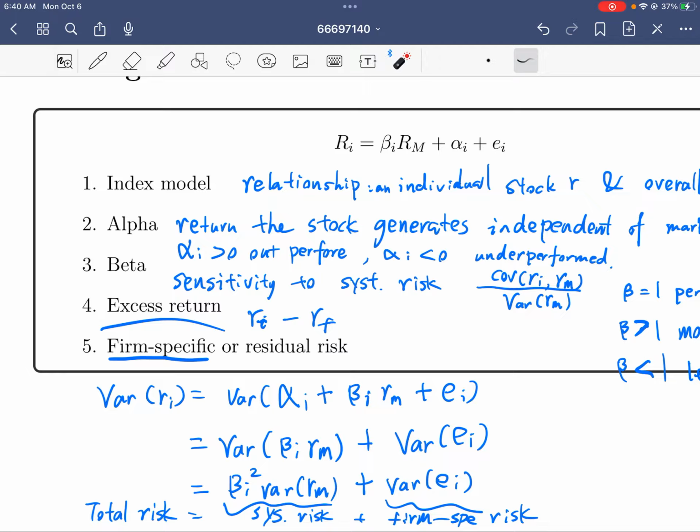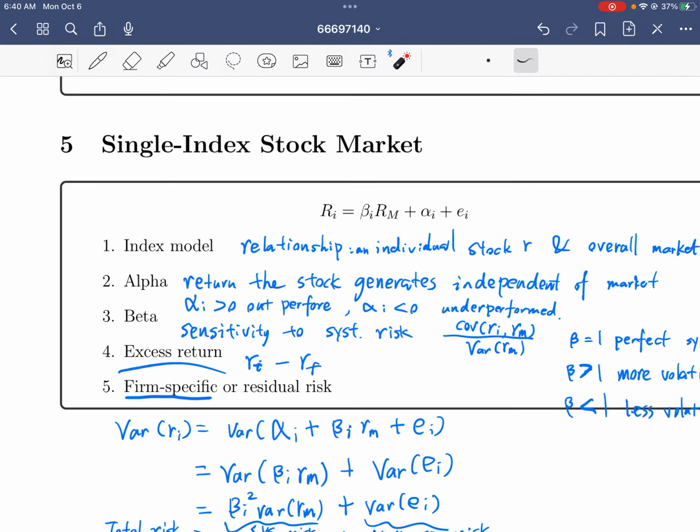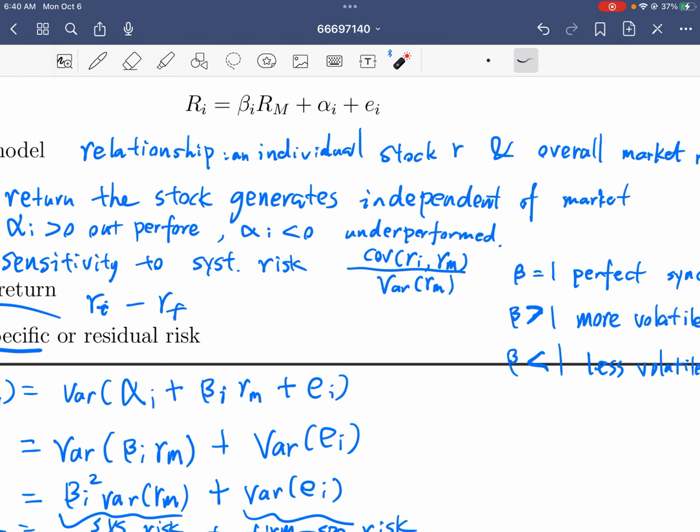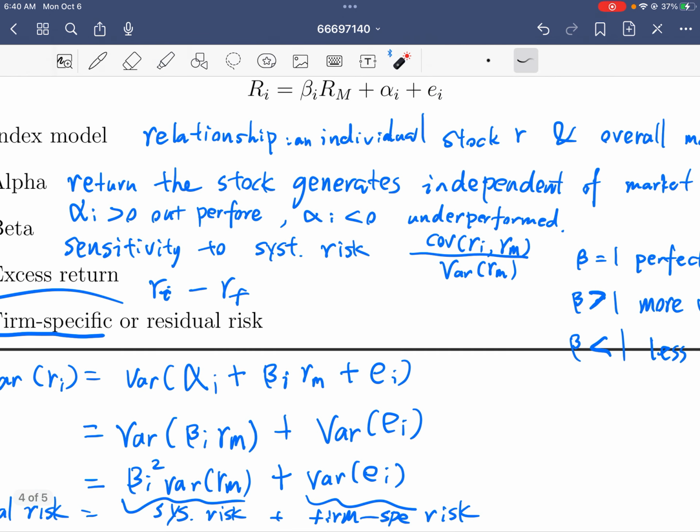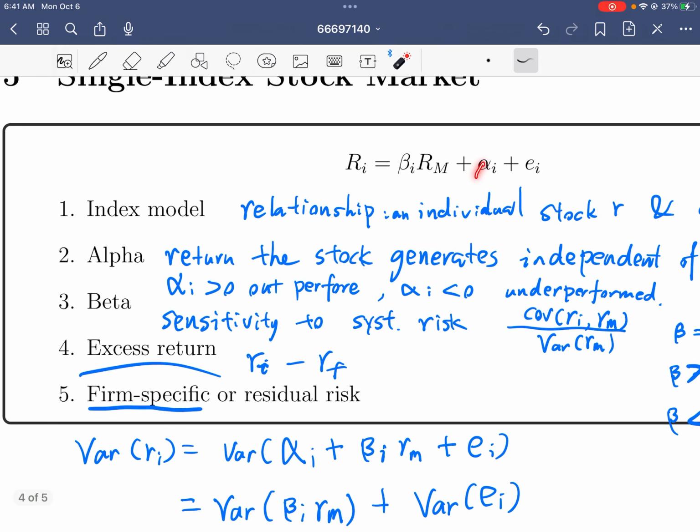When we add these two together, systematic risk plus firm-specific risk, that's the total risk of the individual stock. So the beta and the variance of the market return capture systematic risk. The variance of the error term captures the firm-specific risk.